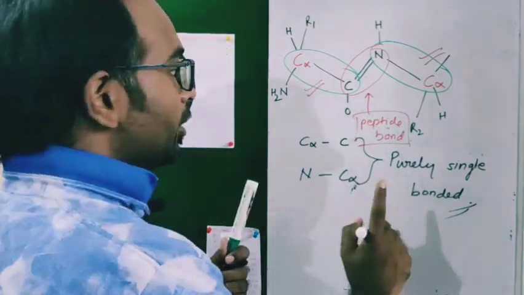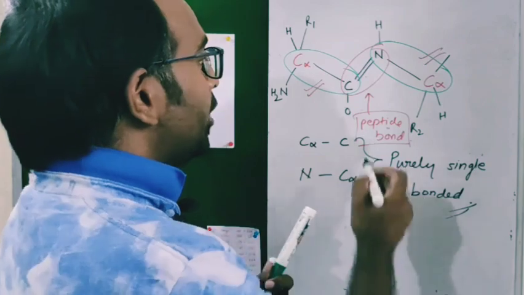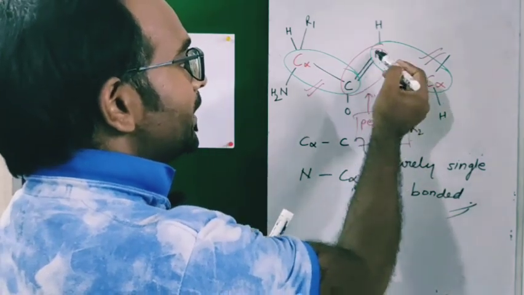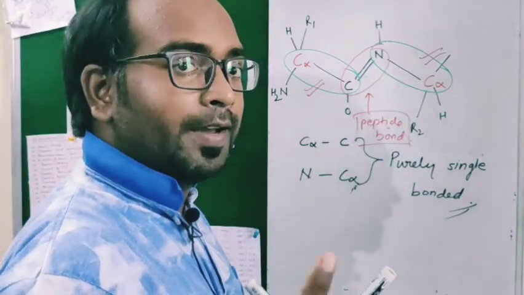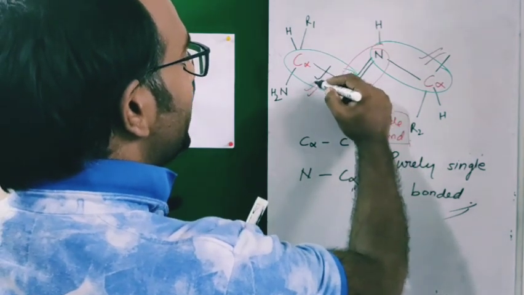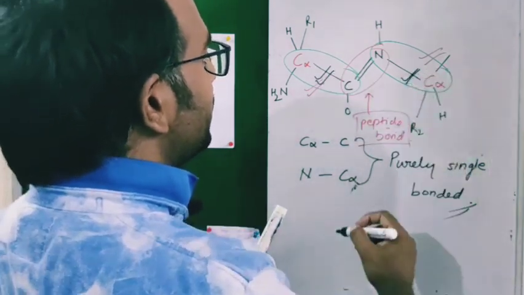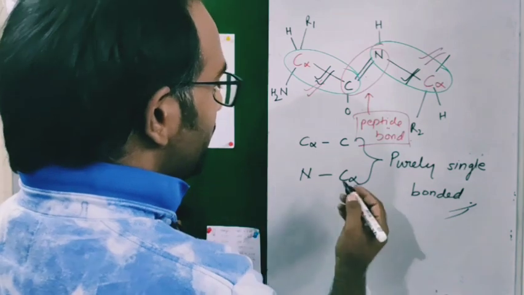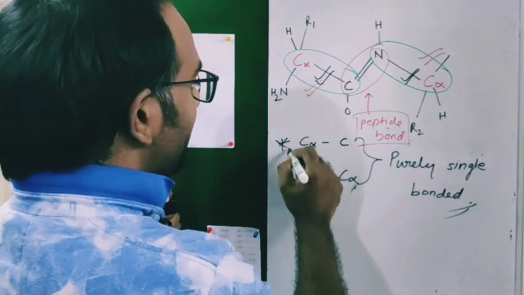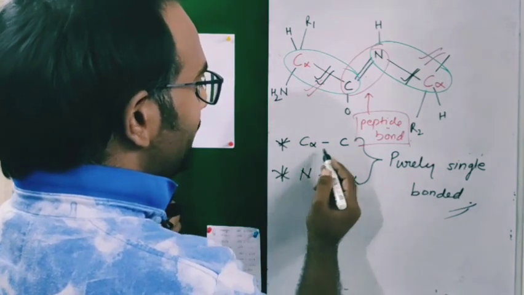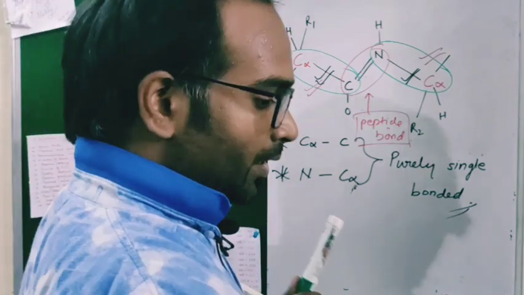That's why rotation cannot be allowed where the double bond is present. Rotation is only allowed where a single bond is present. So here rotation is allowed and here rotation is allowed, right? So rotation is allowed at these two bonds, C alpha C and N C alpha, right?